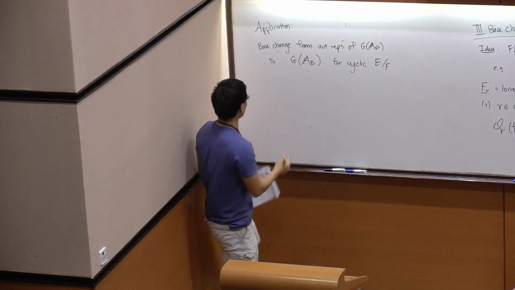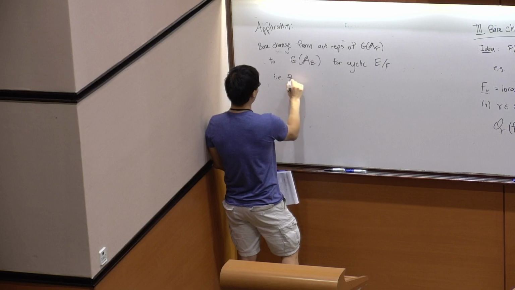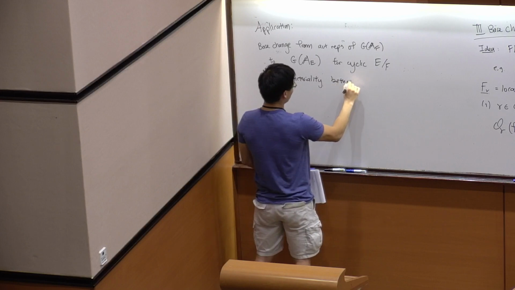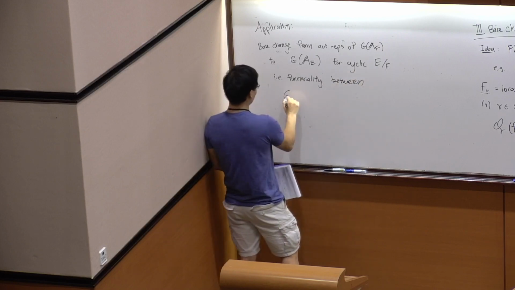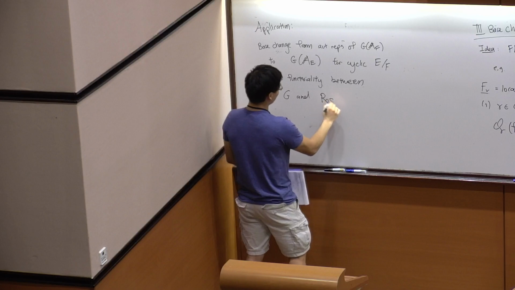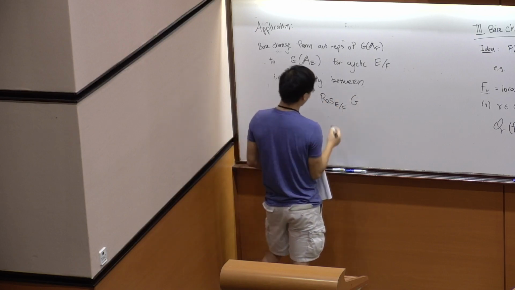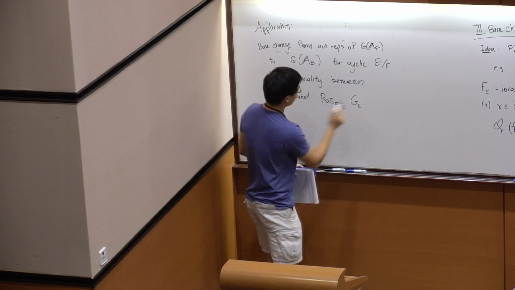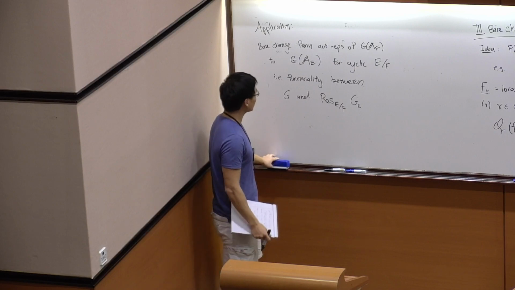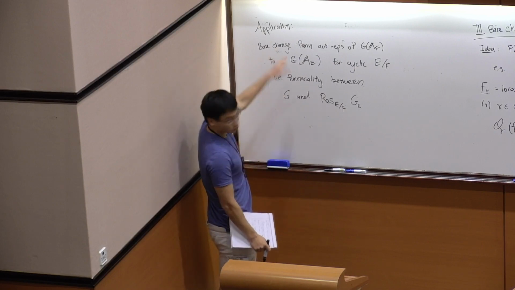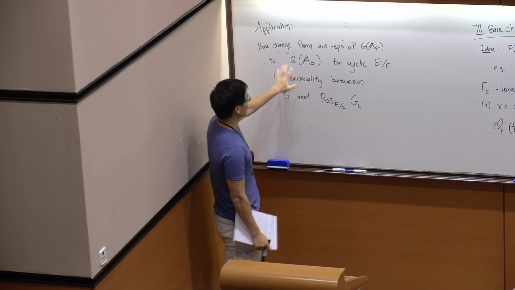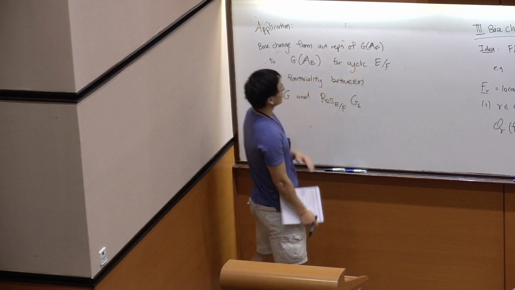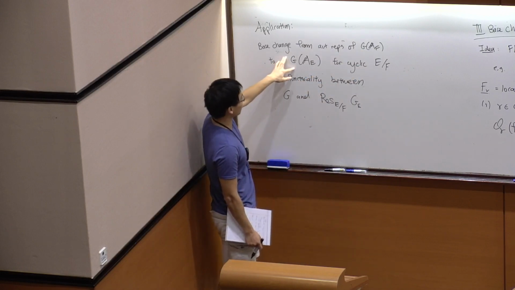So this is an instance of functoriality between G and the restriction of scalars from E to F of G, base changed to E. And the idea for doing this is that you have the trace formula, which tells you what automorphic representations there are, and you want to compare the trace formula for G of AF with the twisted trace formula for G of AE.